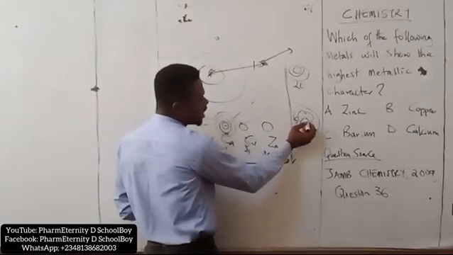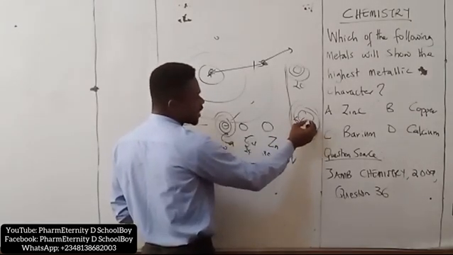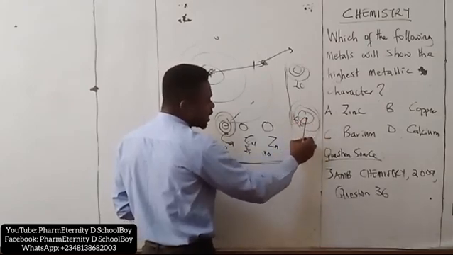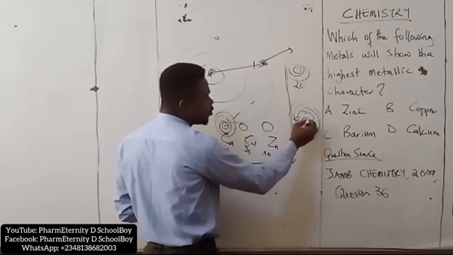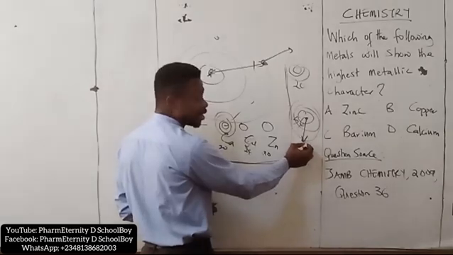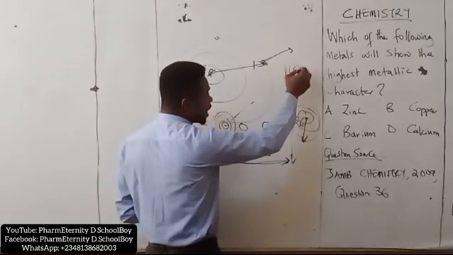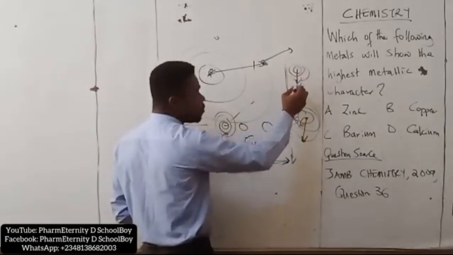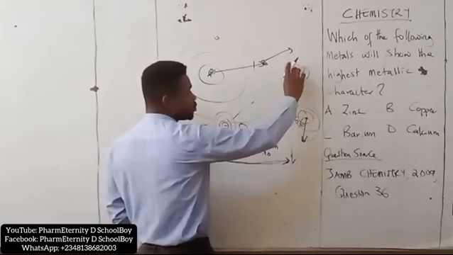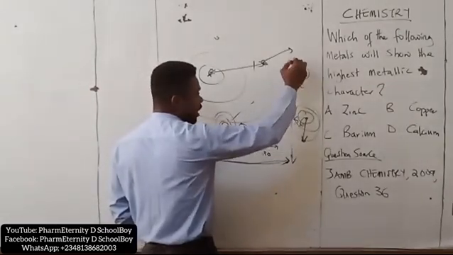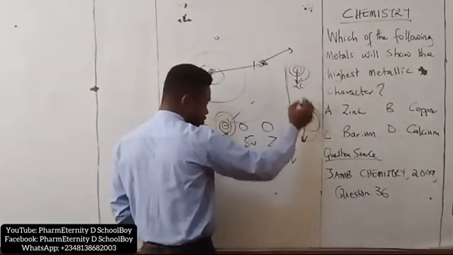If the number of shells increases here, what it implies is that the distance between the nucleus and the outermost shell will increase as you move from calcium to barium. As this is 20, as you go down, the number of shells will increase.